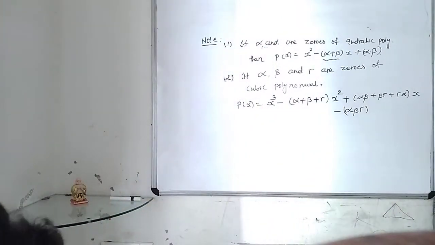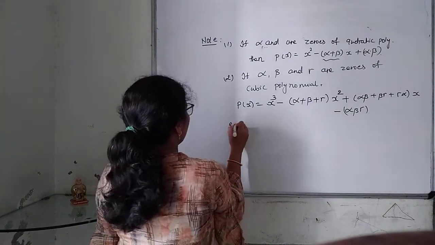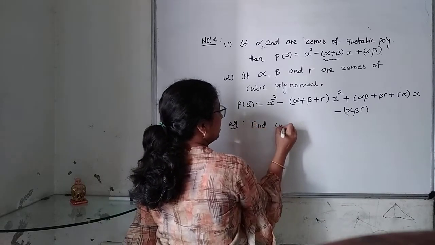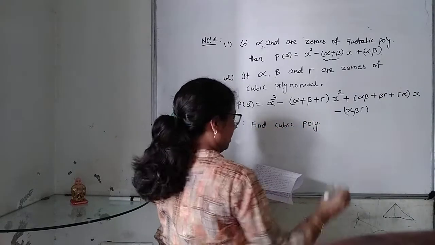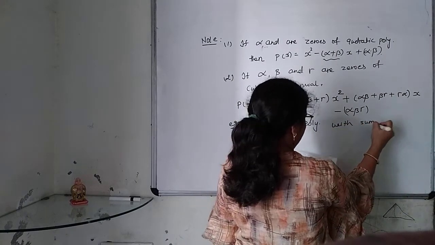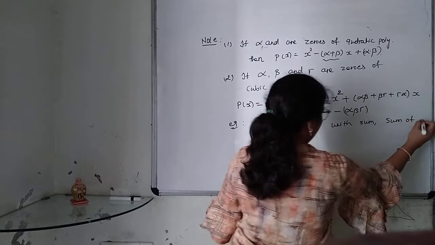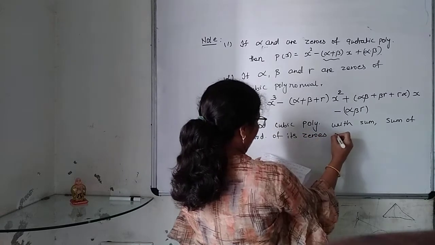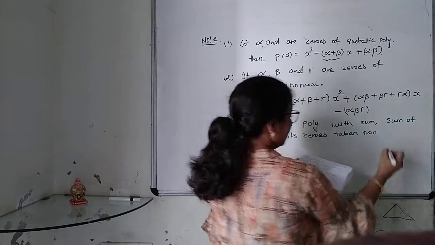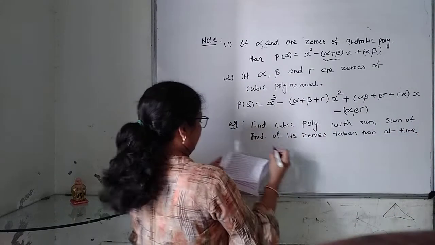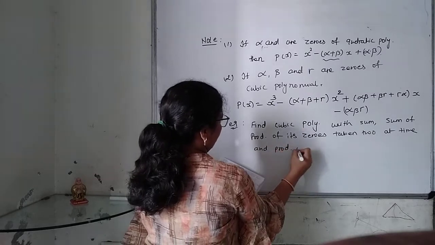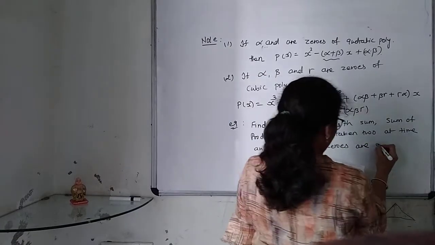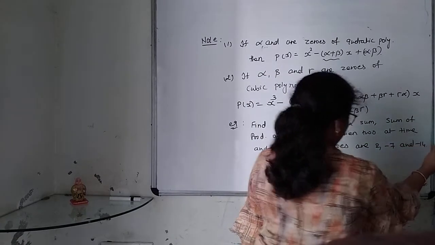One more question में अगर ऐसे आता है, that is, for example, find the cubic polynomial with sum of, product of its zeros taken 2 at a time and product of its zeros are 2, minus 7 and minus 40.